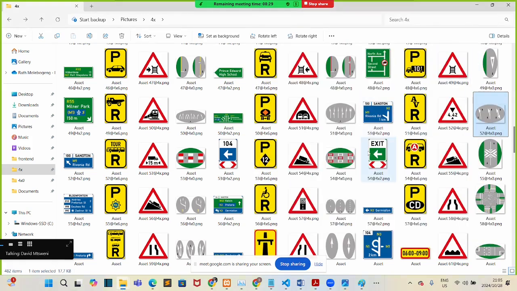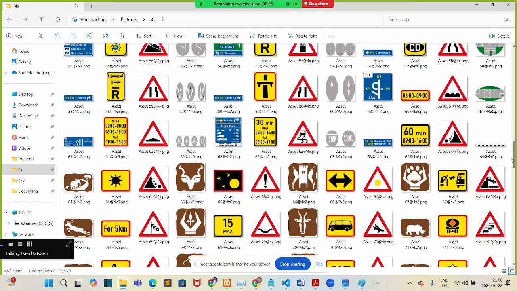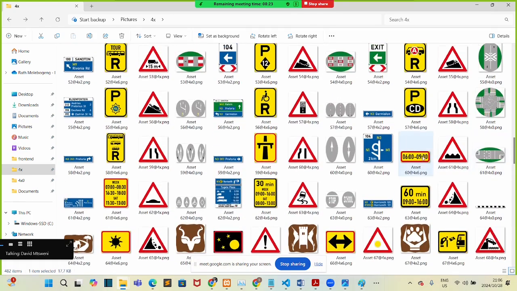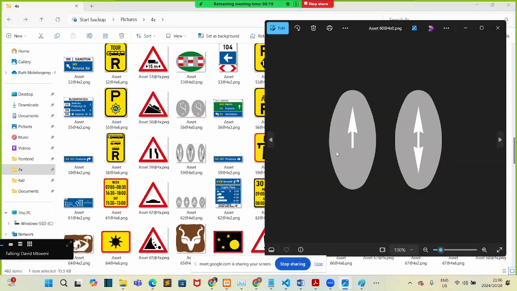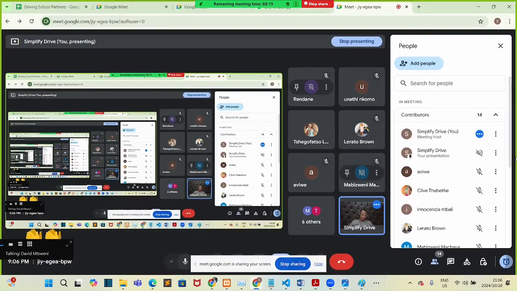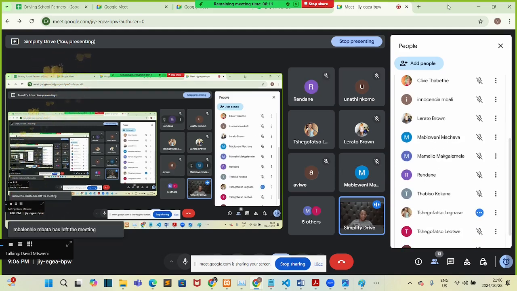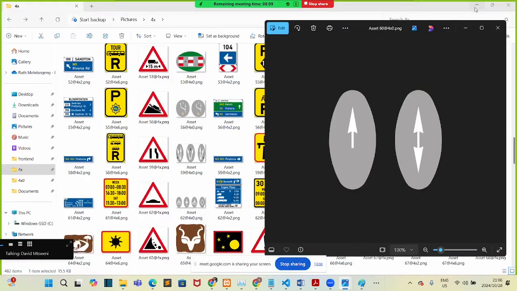All right. Next, let's see what's happening here. All right. Let's take those. Where's Mbali? Mbalenhle, just tell us about these arrows then.